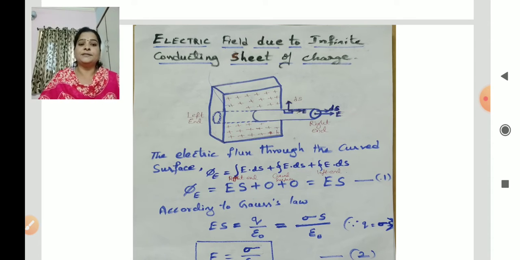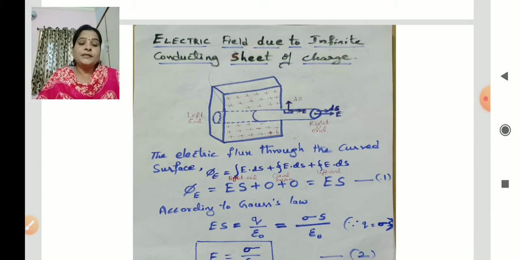We dealt with this previously: sigma is nothing but the surface charge density, the charge per unit area. If sigma is the charge density of this conducting sheet of charge Q, then we assume a Gaussian surface to find out the electric field due to this conducting sheet.